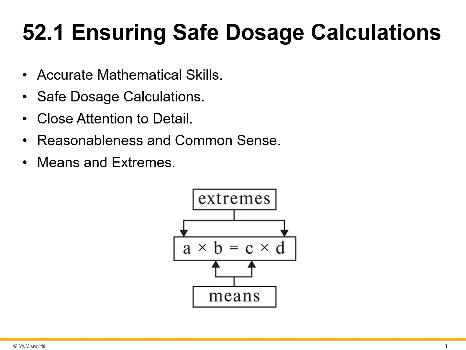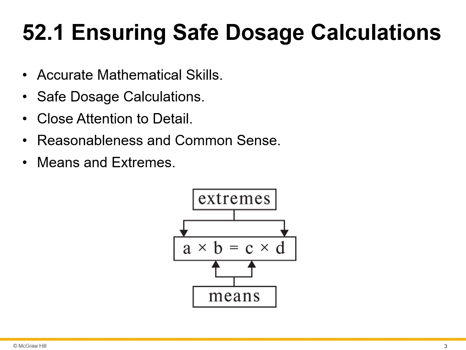Okay? Now, looking at your screen, the outer numbers are called extremes. The inner numbers are called means. What we tend to do is cross multiply, or multiply the means and extremes, to solve the problem.